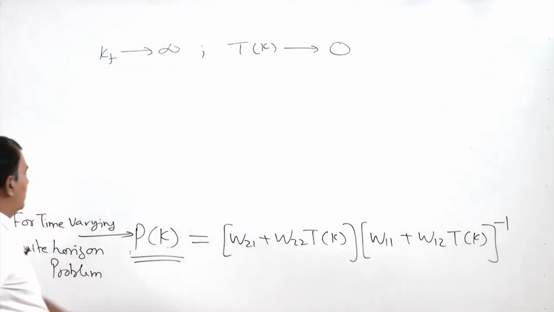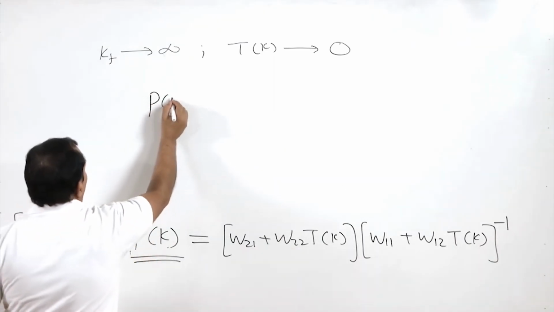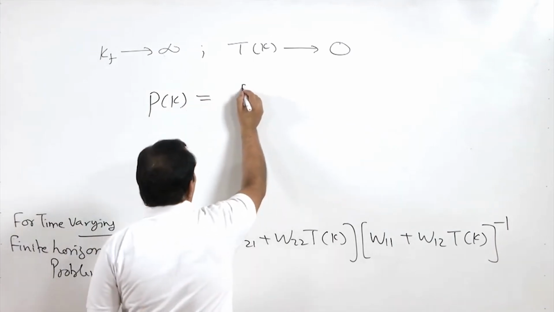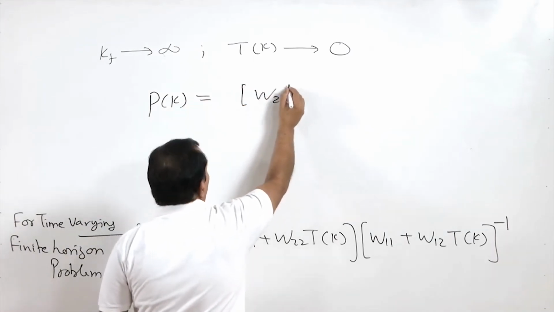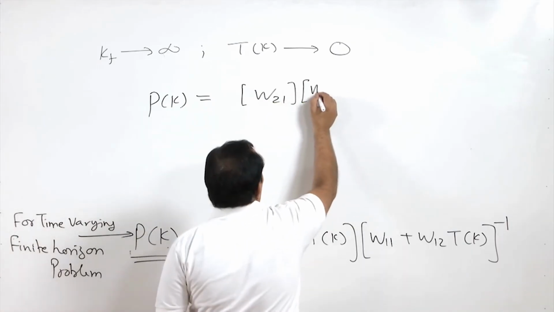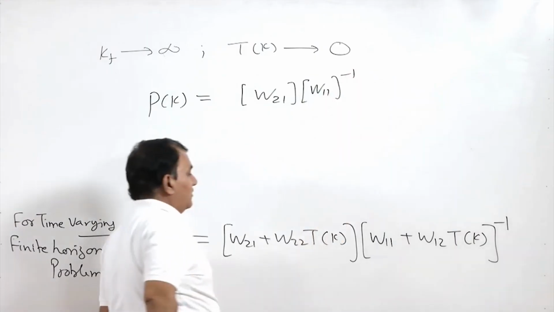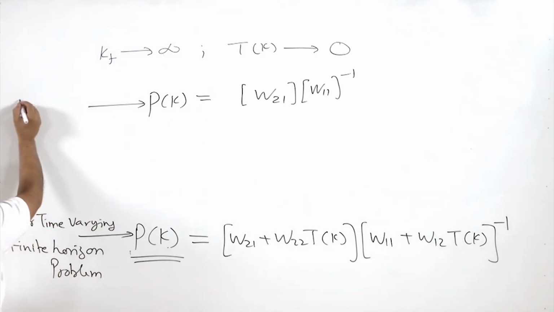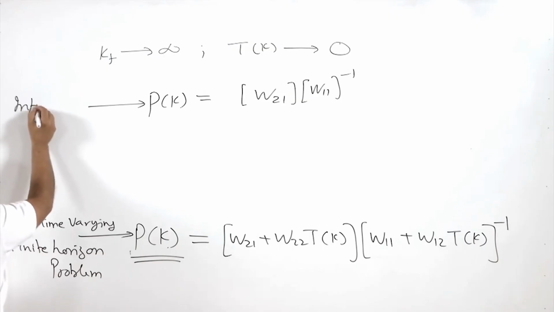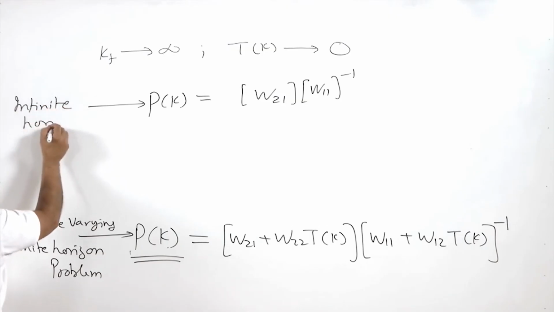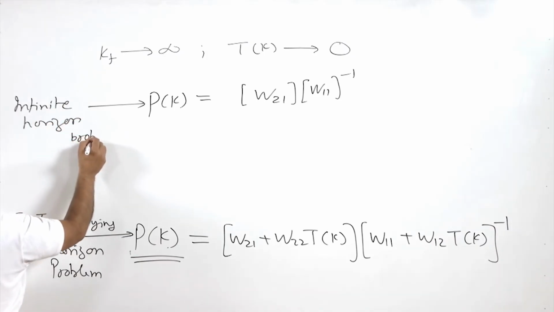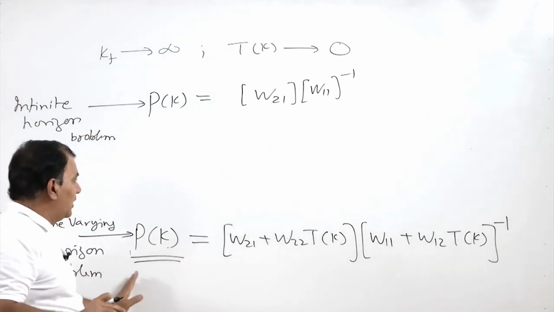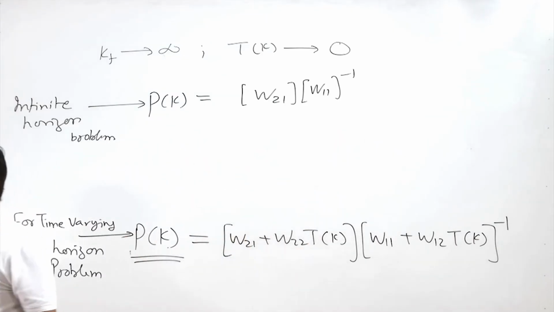If Tk is 0, Pk is simply represented as W21 and W11 inverse. As Kf is approaching infinity, this problem is the infinite horizon problem. So, for the infinite horizon problem my Pk will be this, and for the finite horizon problem I can find out my Pk as given by the second equation.